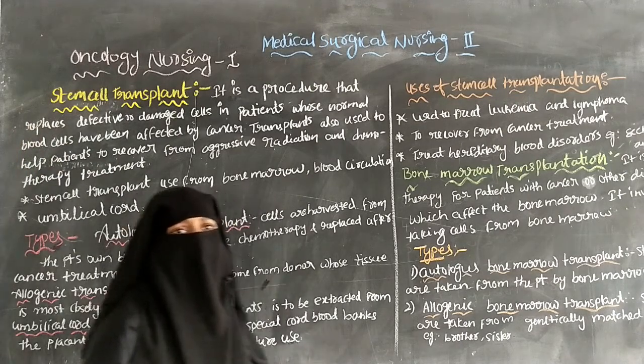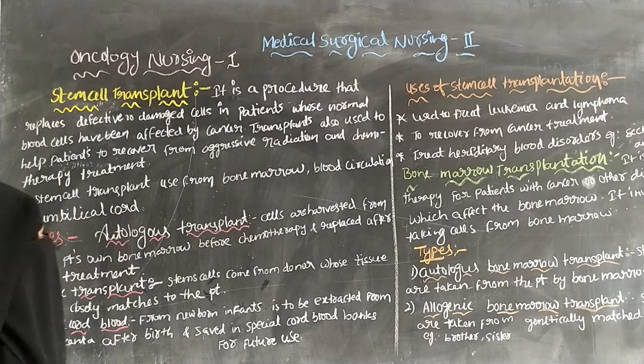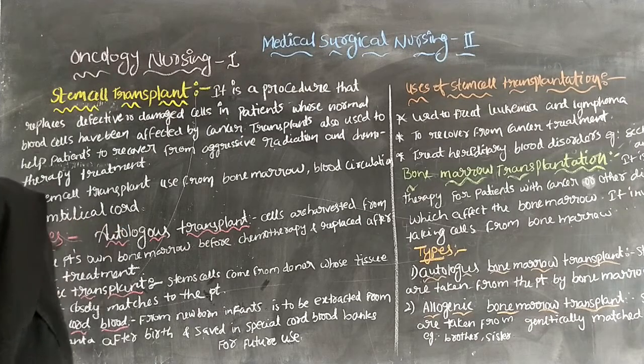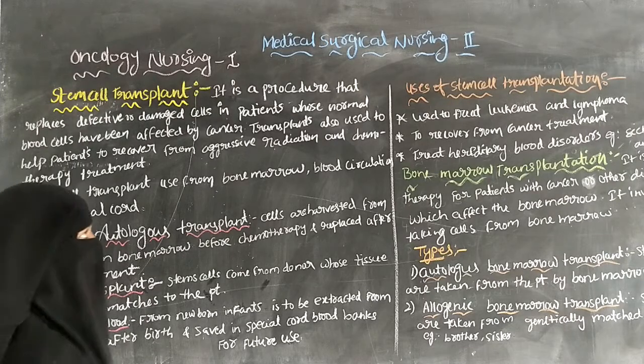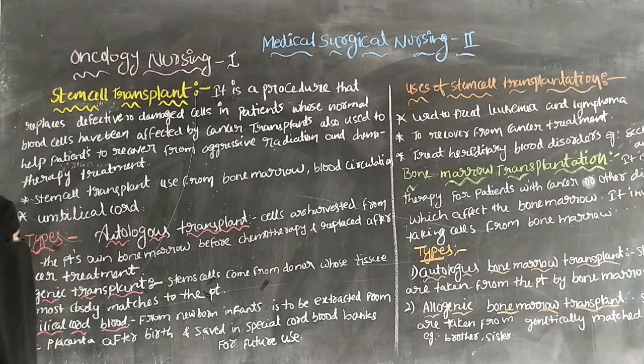Stem cell transplantation is a procedure that replaces defective or damaged cells in patients whose normal blood cells have been affected by cancer. The transplant is also used to help patients recover from aggressive radiation and chemotherapy treatment.